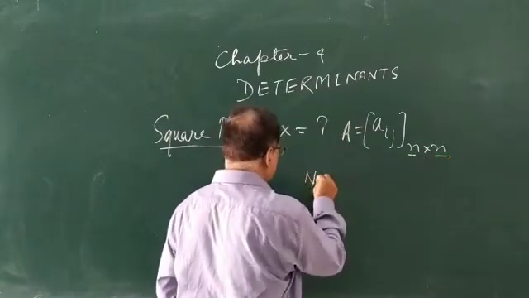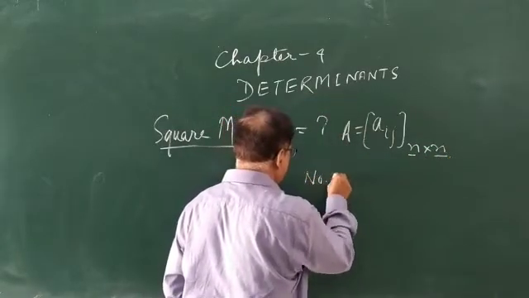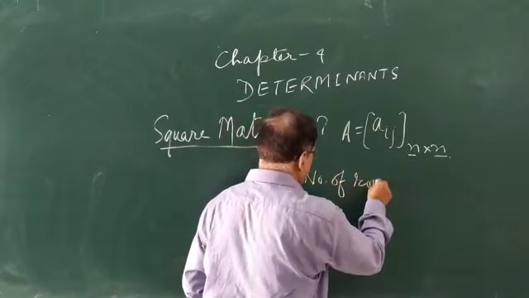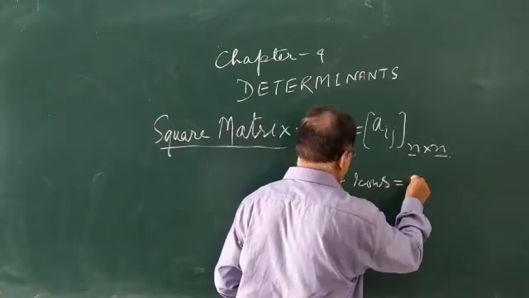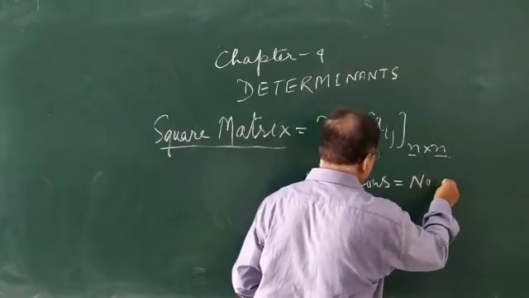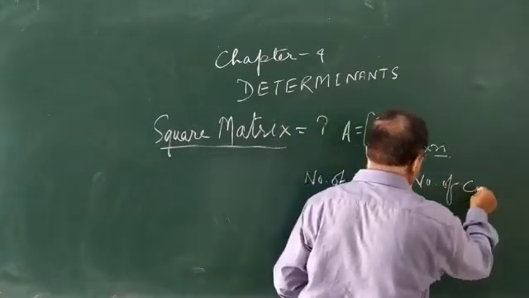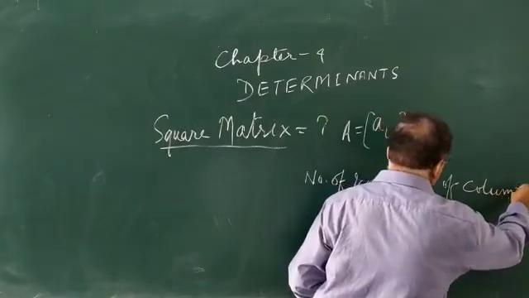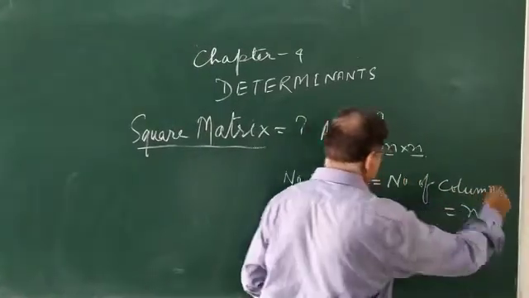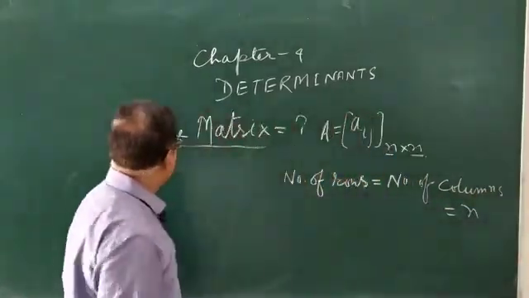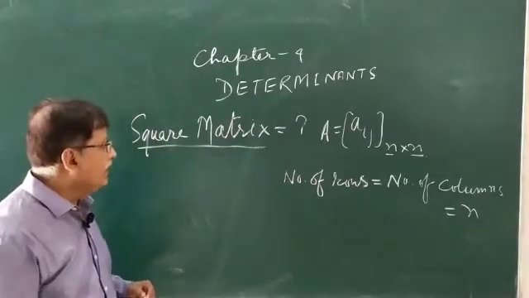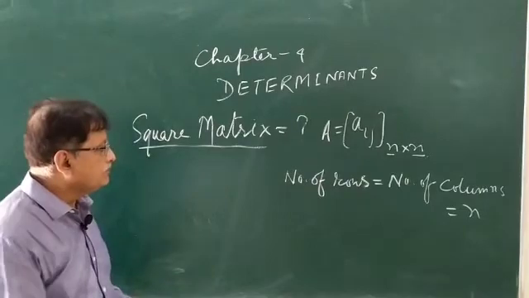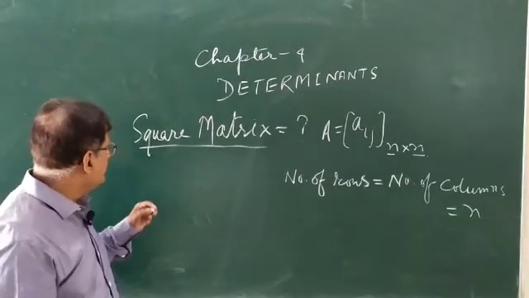Number of rows is equal to number of columns, and that is what? That is n. So that is a particular matrix, square matrix, where the number of columns and rows are both the same.